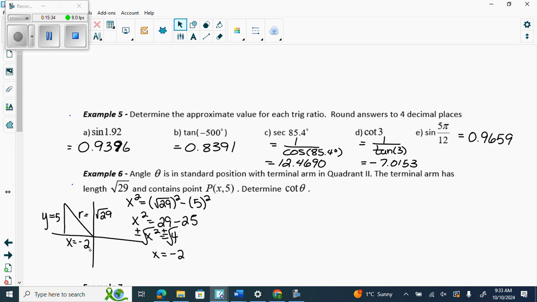And then cotan is the opposite of tan. So if tan is y over x, cotan would be x over y. So it's going to be negative 2 over 5. So that's another way they could give you a coordinate: give you the radius somehow, and then you have to find x, right?